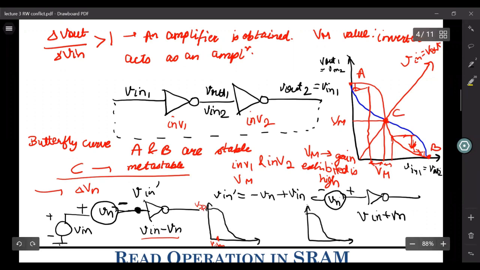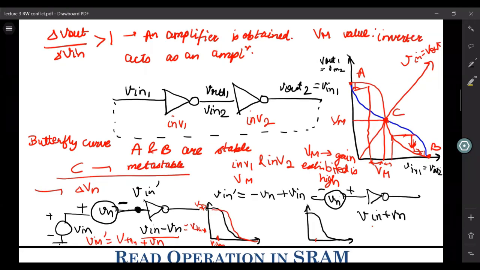So if the effective voltage that the input sees is Vin minus Vn, and this equals VTHN, the input voltage at which the output will go down towards ground will be VTHN plus Vn. In that case, this curve will shift towards the right. However, for the other case, when Vin dash equals VTHN, you have Vin equals VTHN minus Vn. So it shifts towards the left.